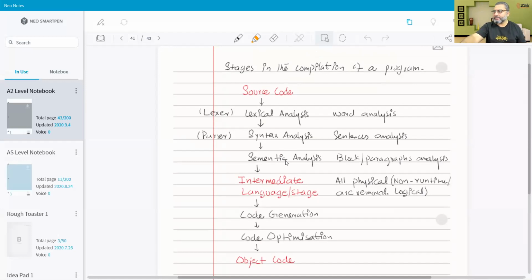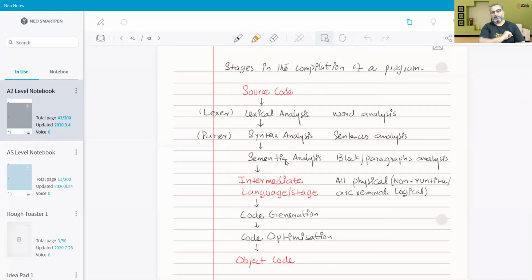This semantic analysis is about, if you have paid attention to previous lectures, you would already know that at lexical analysis we check words. At syntax analysis, at the parsing stage, we check whole sentences for the grammatical rules. And at semantic analysis, which is also part of parsing, anything which goes beyond the limit of one sentence or one line is being checked.